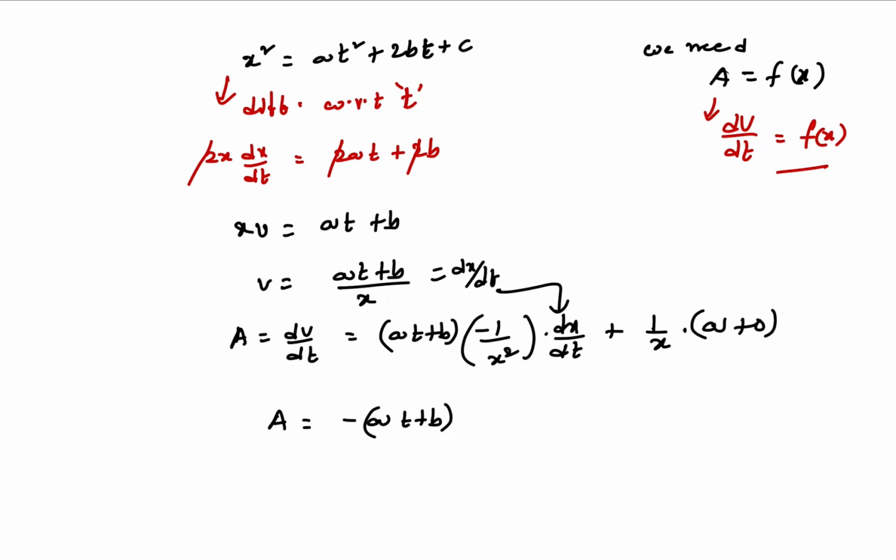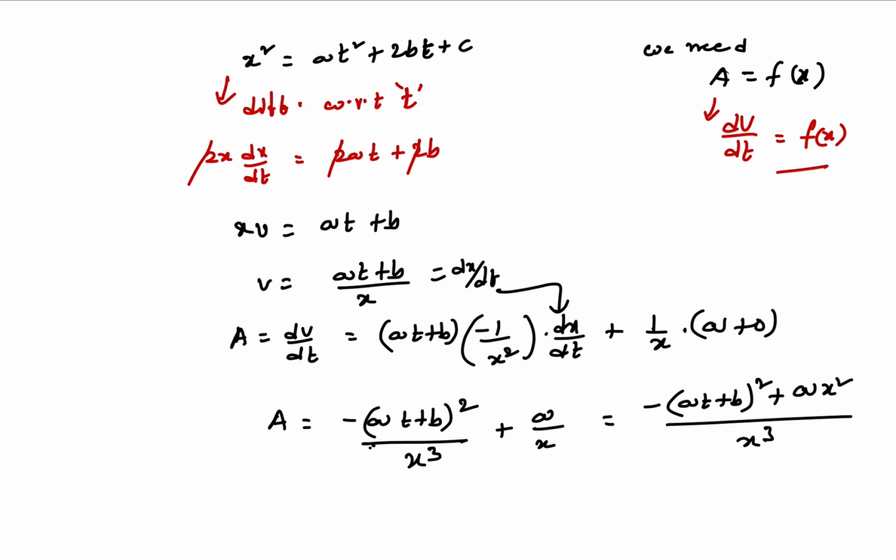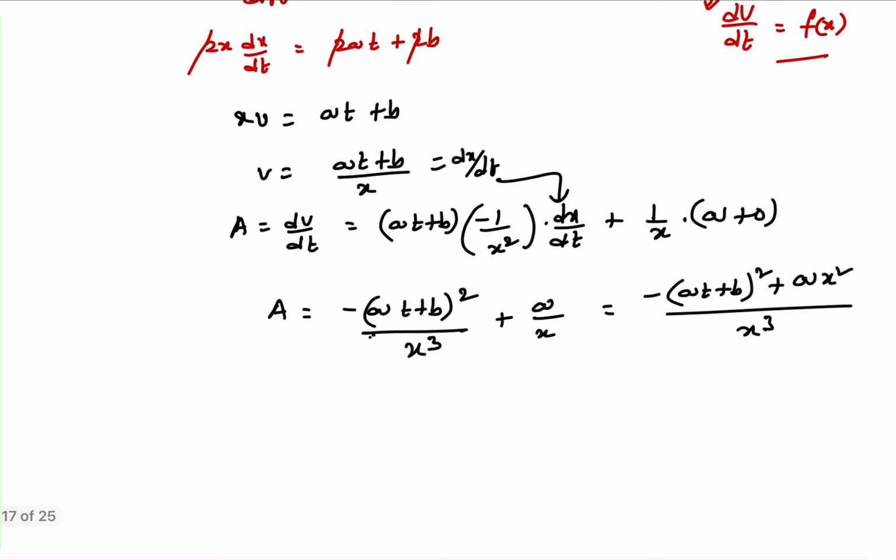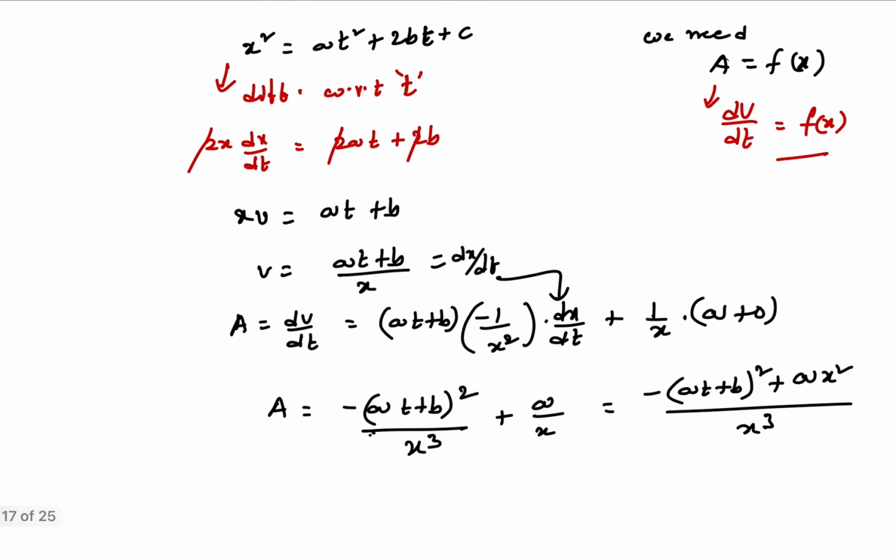Observe this carefully: dx by dt, you can substitute that value, (at plus b) by x. So we can write (at plus b) by x square, x cube, plus this value a divided by x. Finally, I can get minus (at plus b) whole square plus a into x square, whole divided by x cube.